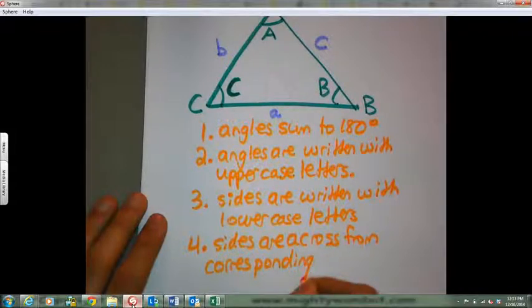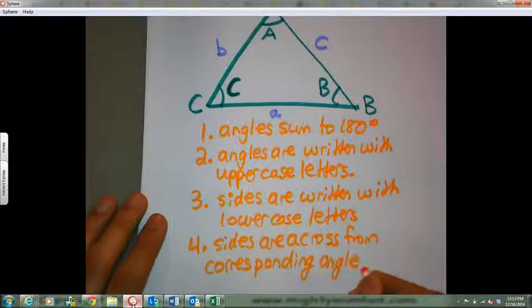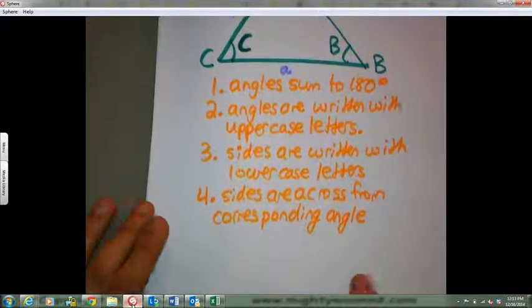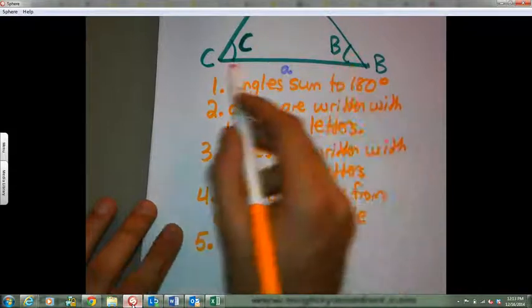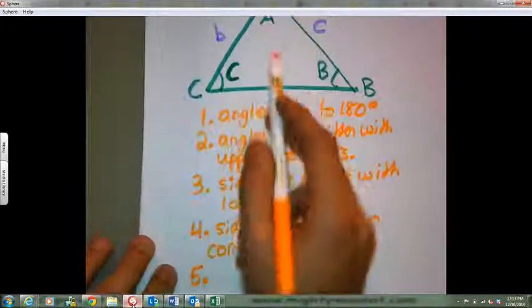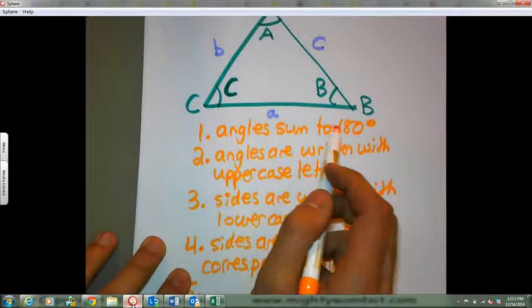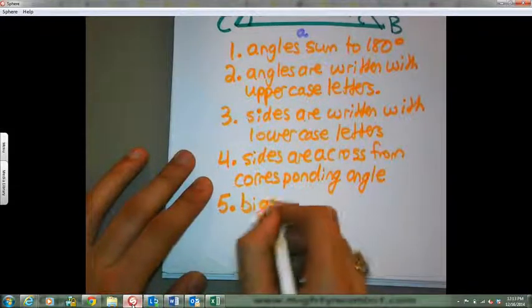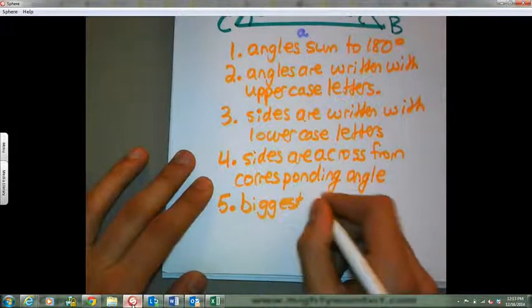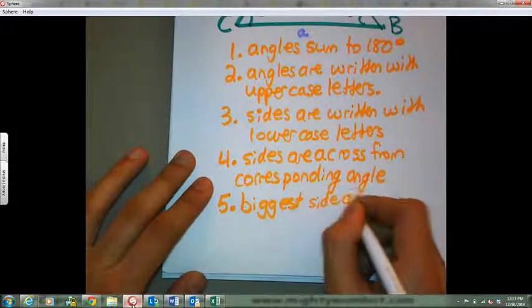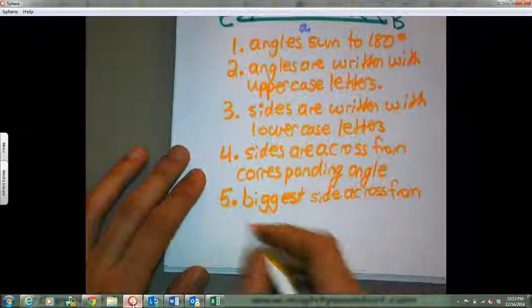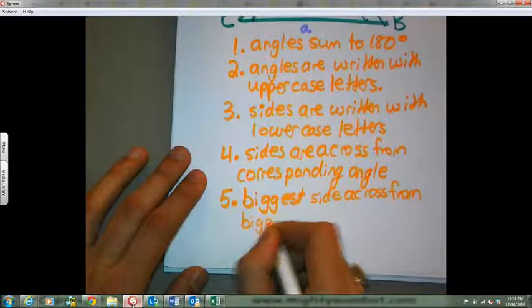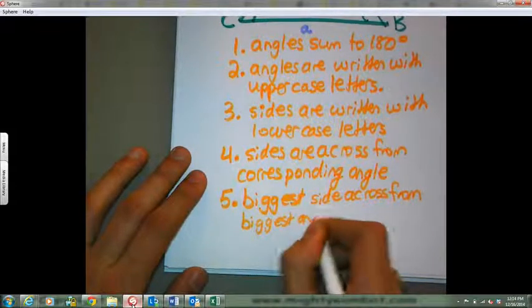And the last piece, number 5, is the biggest side is across from the biggest angle. These are the 5 really important basic facts about triangles.